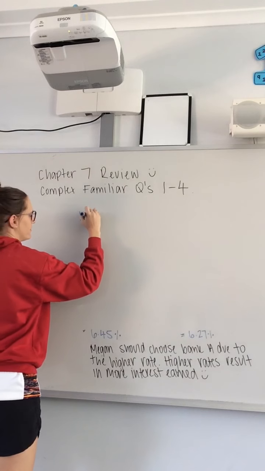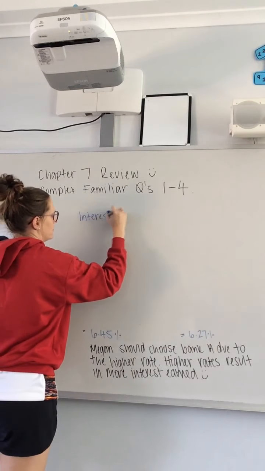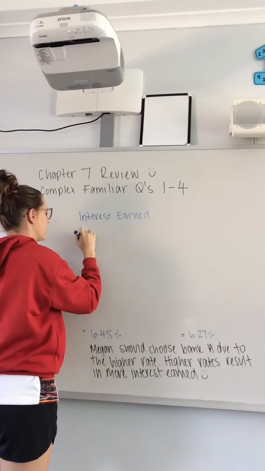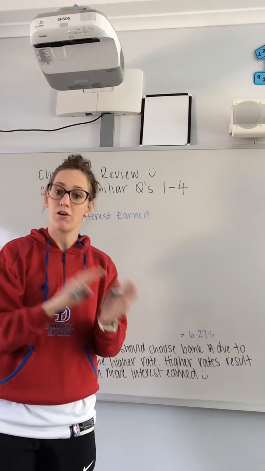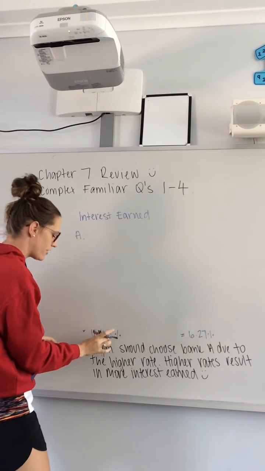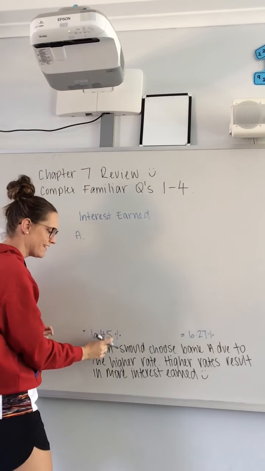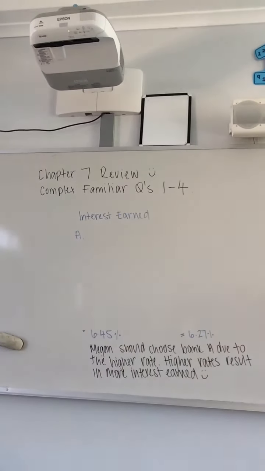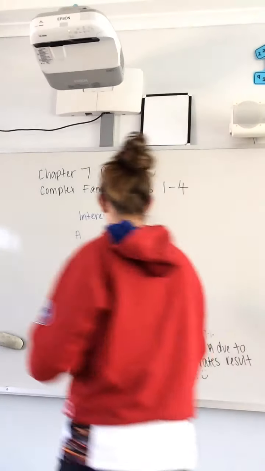Let's go interest earned for Bank A. Remember, it's the amount of interest she earns. Of means multiply. So I'm going to find 6.45% of her investment amount. Her investment amount, let me just double check, I think it was $5,000. It is $5,000.